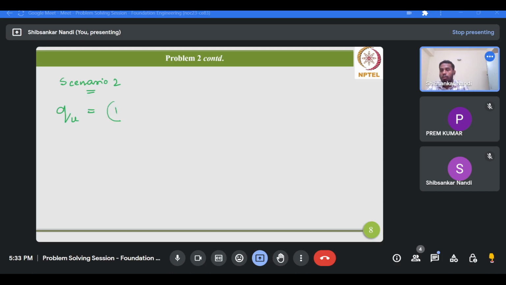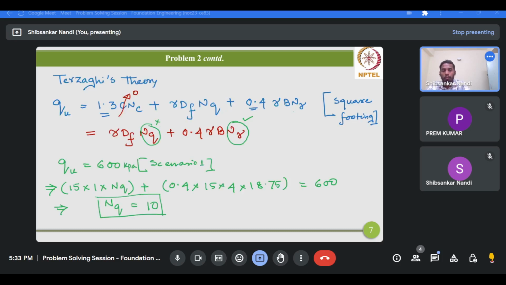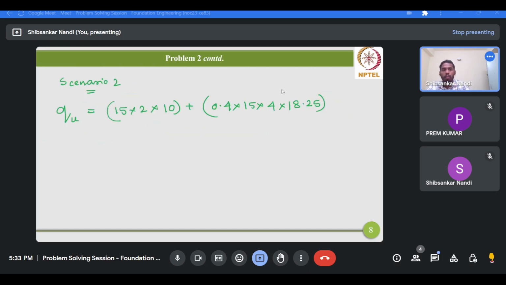Therefore this would be 15 times 2 times 10 plus 0.4 times gamma, 15, multiplied by 4, multiplied by 18.75. If you calculate, I hope this value would be 750 kPa.